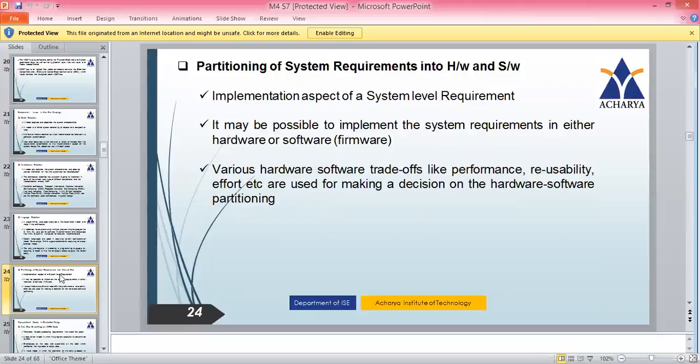In the same way, here also certain components can be implemented using hardware. Certain things can be implemented using software. So we have to partition. Which one should fall under hardware and which one should fall under software. Now, various hardware software trade-offs like performance, reusability, and effort are used for making a decision on the hardware software partitioning.